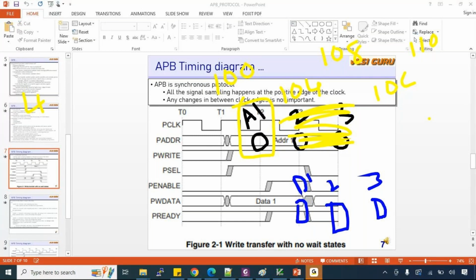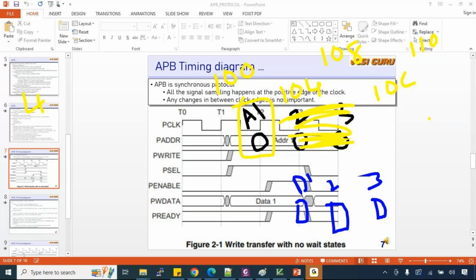So what is the advantage of not sending that information 24 times? Toggles are being saved, right? You don't need to drive the address multiple times. If you don't drive, what happens? Power consumption is reduced. Performance is the same, but power consumption is reduced. Complexity is also less, but the slave is getting a little more complex.